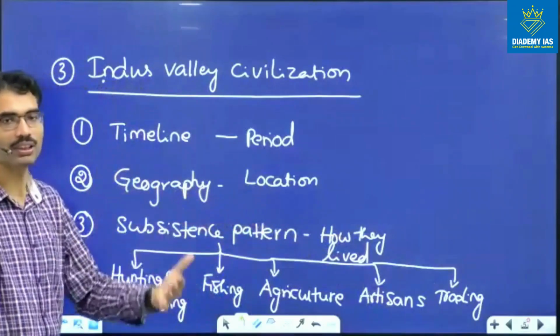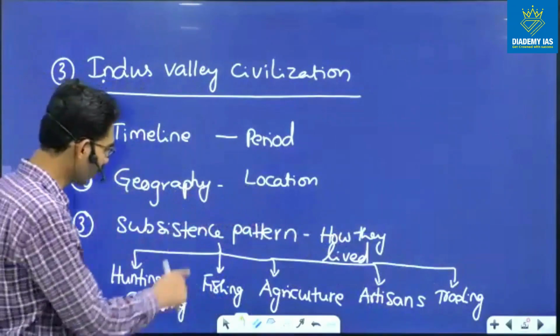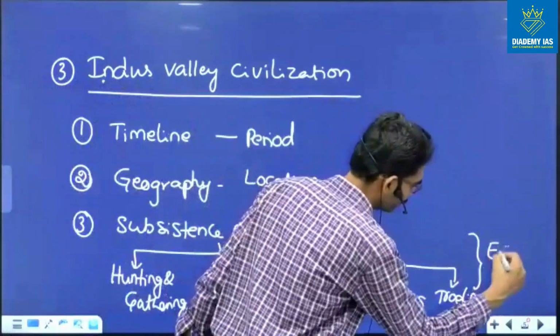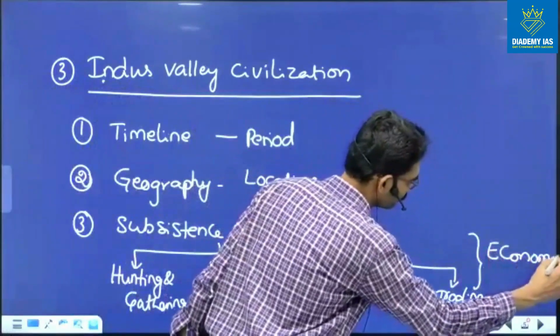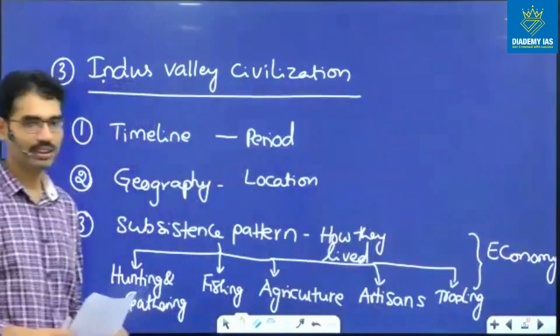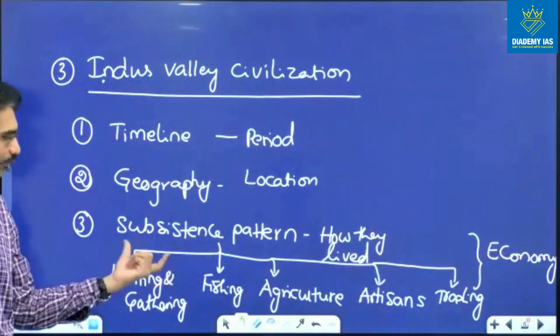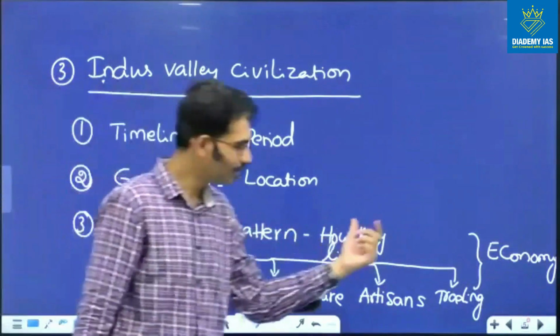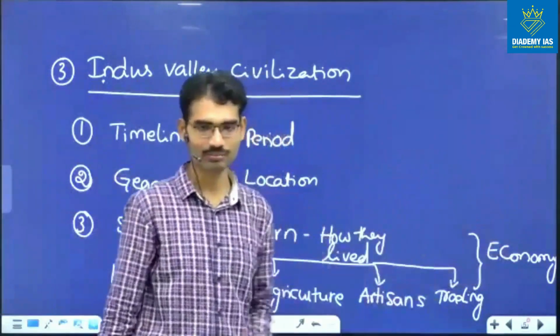That is where political system emerged. And we can also consider this subsistence pattern as part of economy. Because in prehistory and proto-history terminology, we call it subsistence pattern. But in the later time period, it emerged as economic dimension.